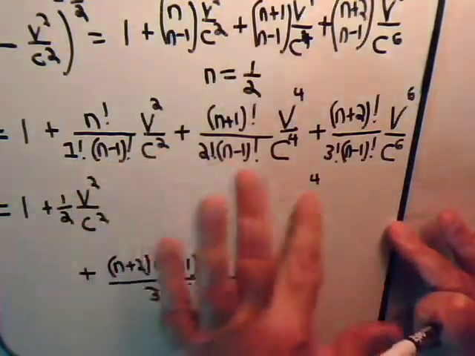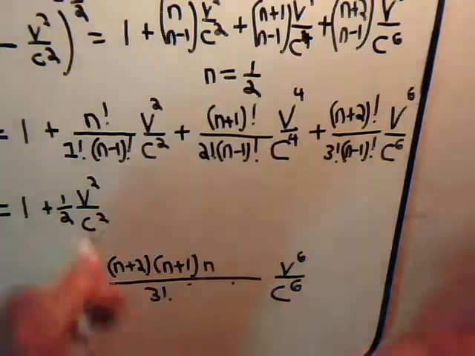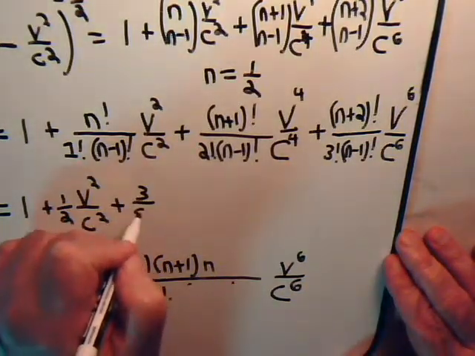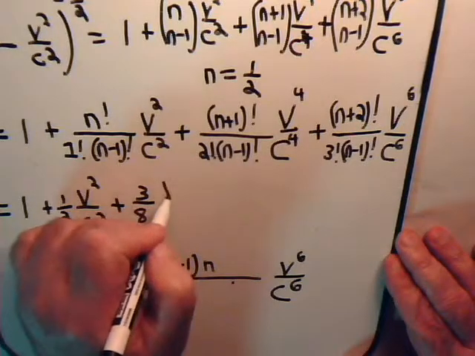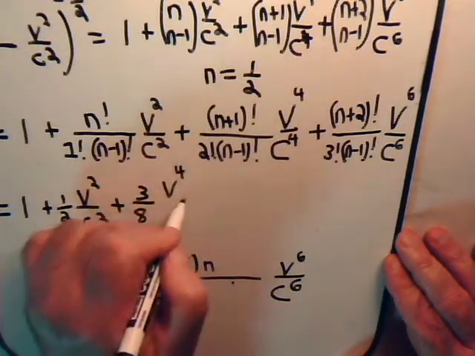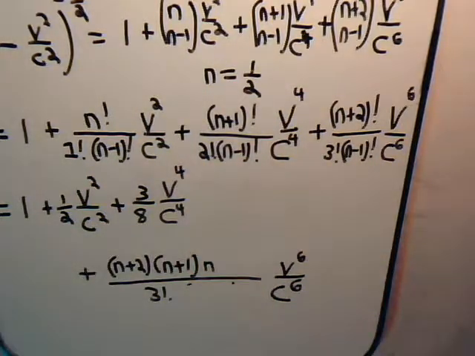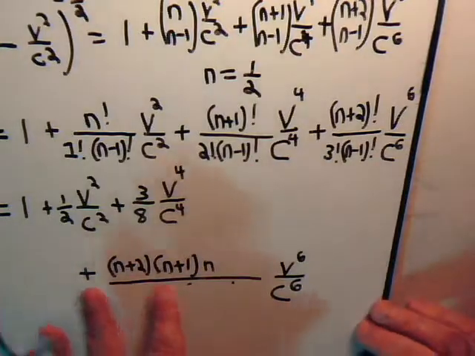So plus 3/8 times v to the 4th divided by c to the 4th. Now here, 3 factorial is 6.